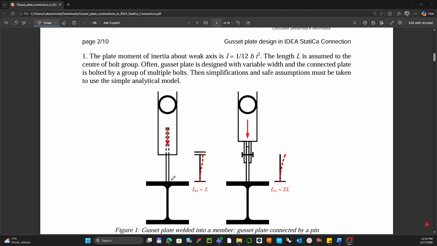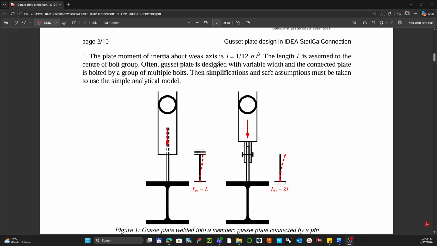At first, it is welded at the bottom, and the deflected shape and the critical length are equal to the length of the gusset. But for the connection where the bolts penetrate the three plates, and the SHS or RHS member is connected or welded to two pairs of gusset plates, the critical length is increased and it behaves as a cantilever.